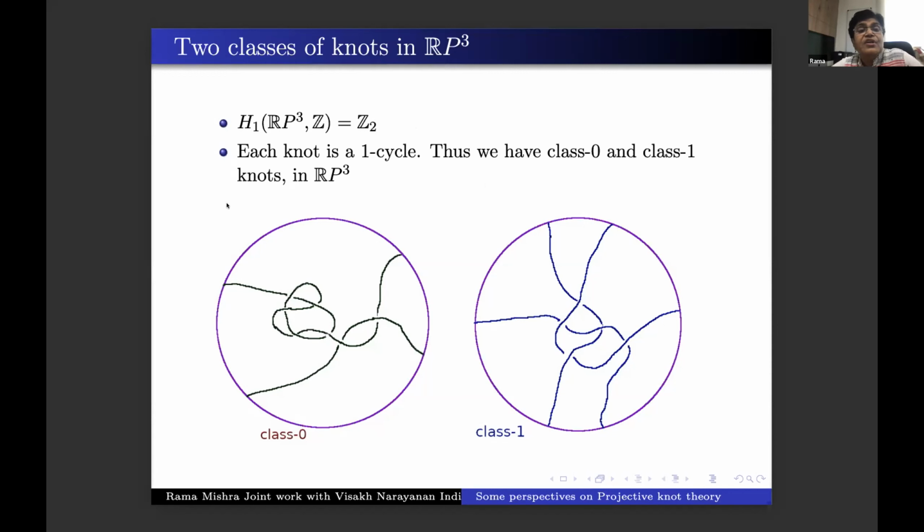Every knot, because it's S1, is a one cycle, so it can either represent class 0 or class 1. This is how a typical class 0 knot and a class 1 knot would look, and I will justify why this is class 0 and why this is class 1 in a bit.